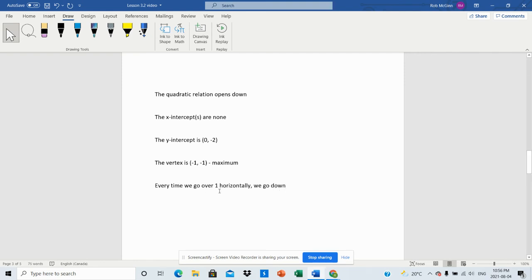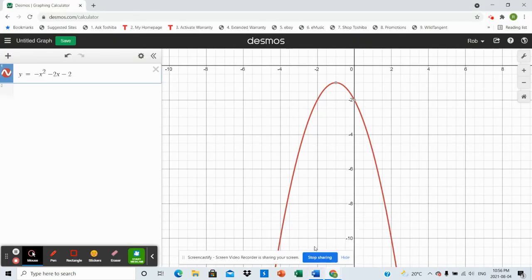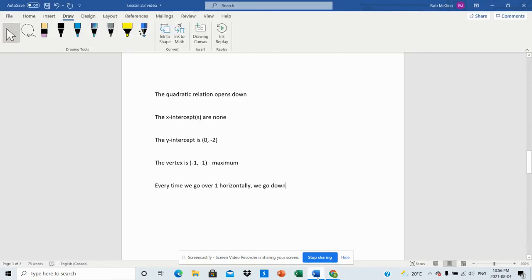So every time we go over 1 horizontally, let's do the step count here again. We go over 1, we go down 1.